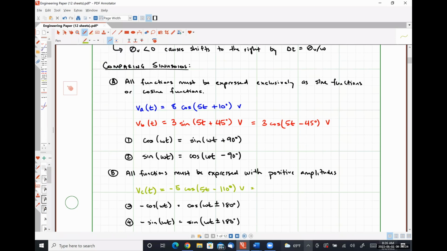So I'm going to arbitrarily add 180 degrees here just so that I get an angle between negative 180 and positive 180. So that would look like 5 cosine 5t. And if I add 180 to negative 110, I get plus 70 degrees volts, like so.